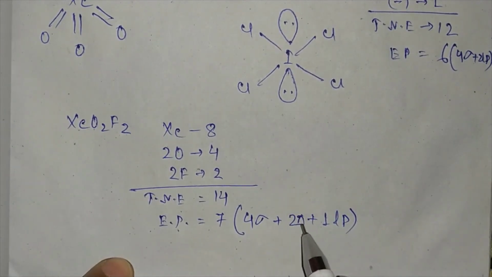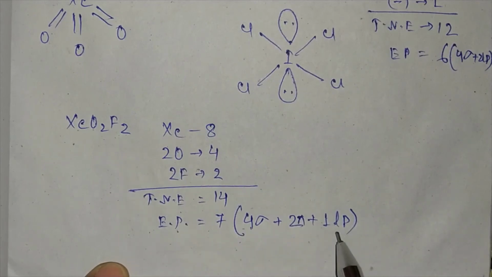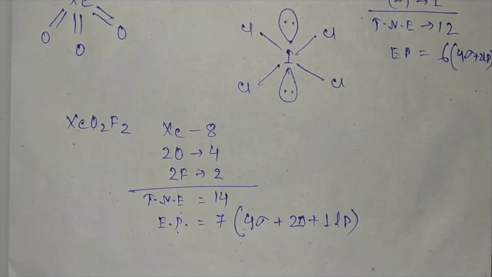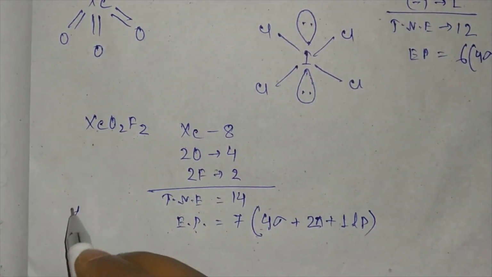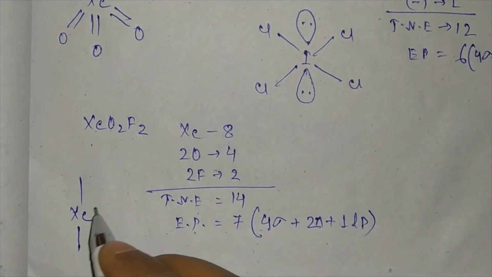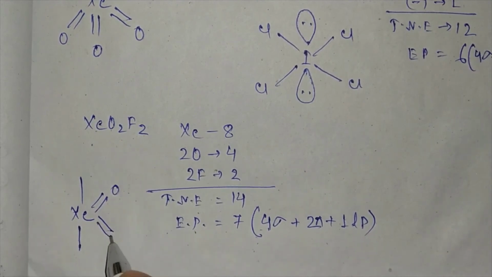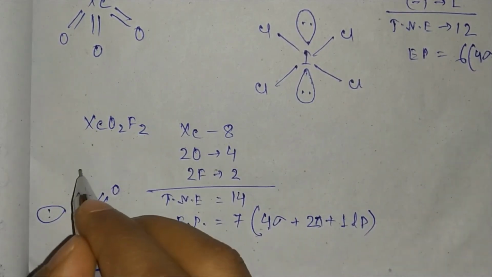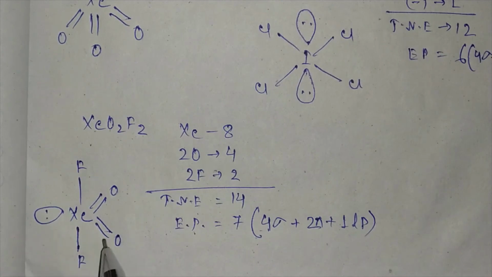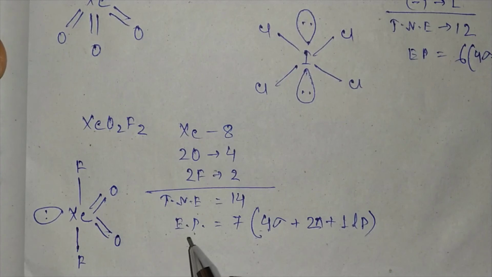As pi electrons will not contribute towards geometry, we have to decide the geometry by using these 5 electron pairs. For 5 electron pairs, the geometry will be trigonal bipyramidal, that is Xe. The double bonded oxygens will occupy the equatorial positions, because here the lone pair and double bonded oxygen repulsion will be lower.